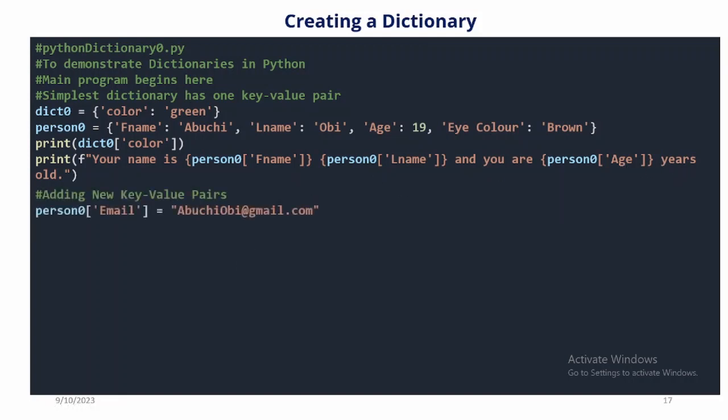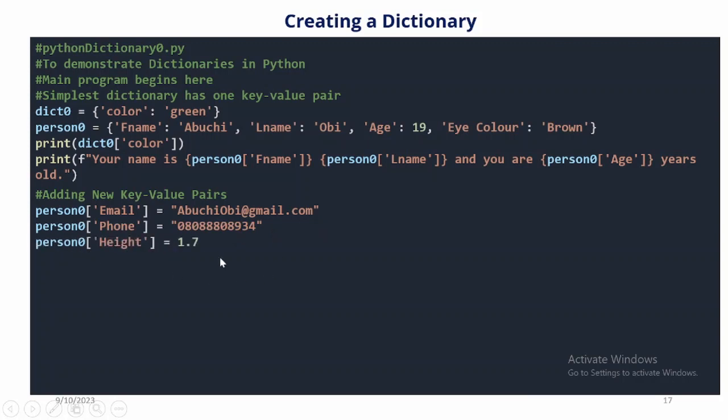You can also add new key value pairs if you want. For instance, for person 0, you forgot to include an email earlier on, you can just create a new key. Email equal to, you equate it to the value. Person 0 phone equal to, you equate it to a particular phone number.